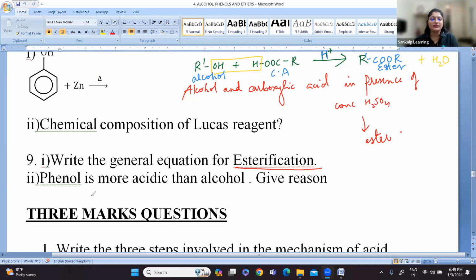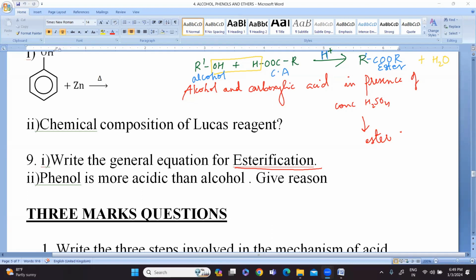Now, next question. Phenol is more acidic than alcohol. Students, give the reason why phenol is more acidic than alcohol.